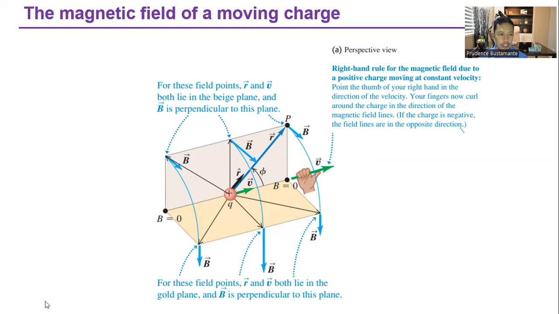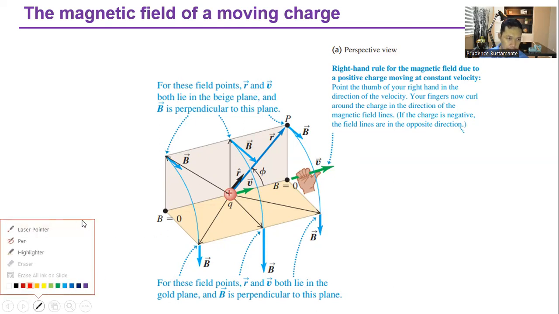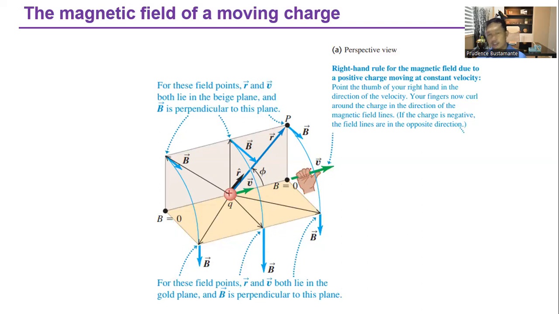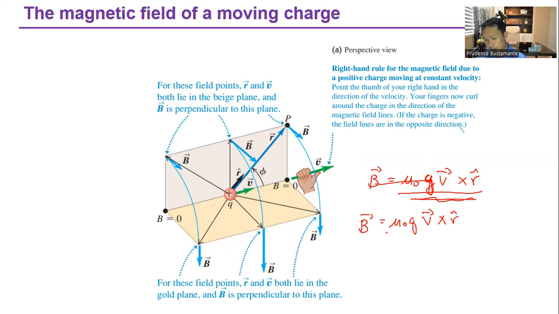So the magnetic field B is given by B equals mu naught q v cross r hat over 4 pi r squared, where r hat is the unit vector.